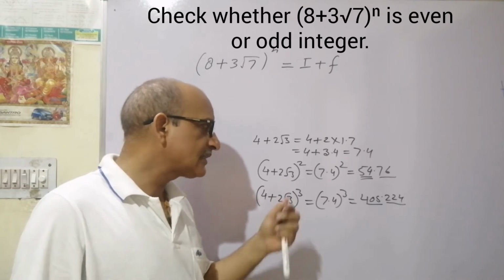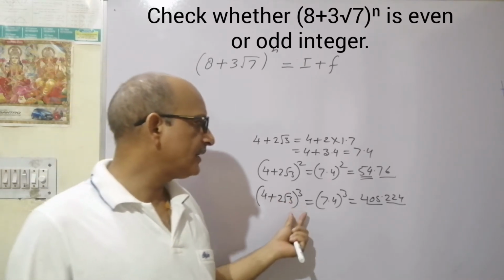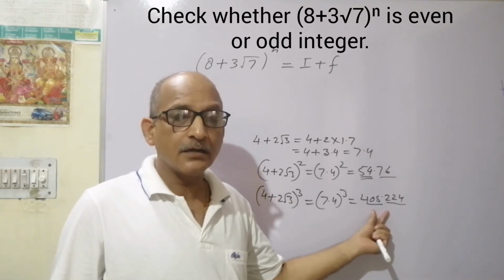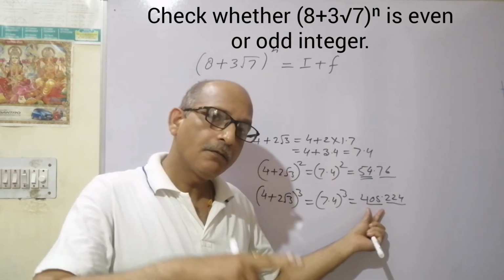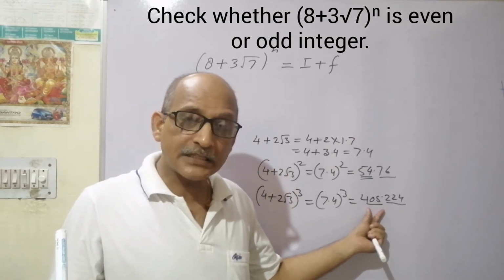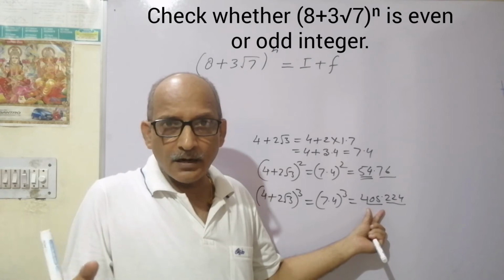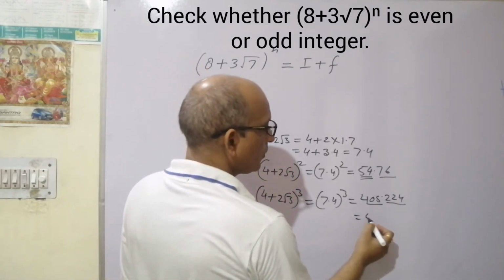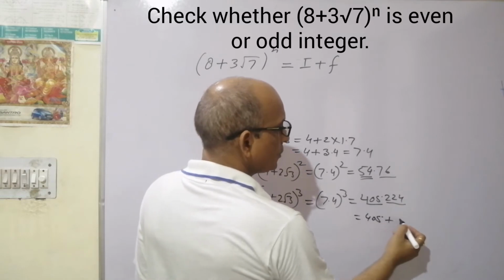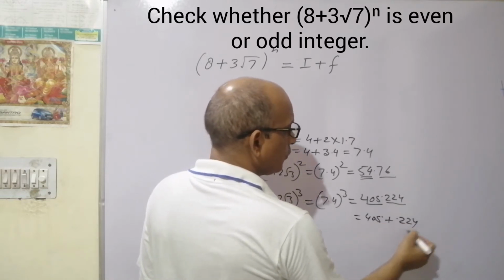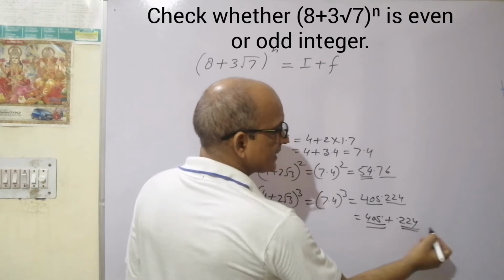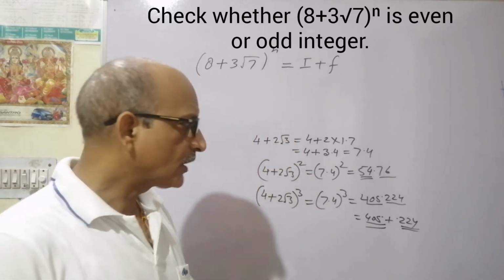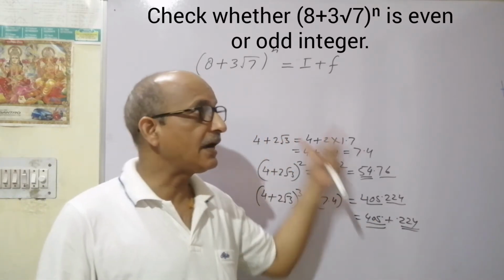If all the components are integers, then whatever power is taken we will get an integer plus a fraction, an integer plus another number lying between 0 and 1. We can write this as 405 + 0.224. This is perfectly an integer and this lies between 0 and 1. So this concept will be applied here.